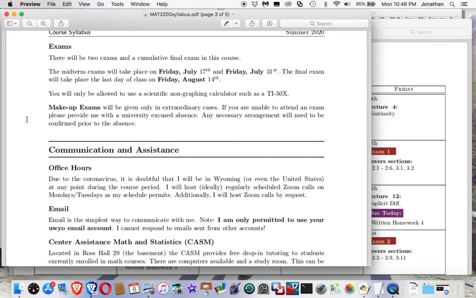We have the two exams during the course, and then a final. There are various ways that we could try and conduct these. I think the simplest way is I'm just going to trust all of you to do a closed book test.